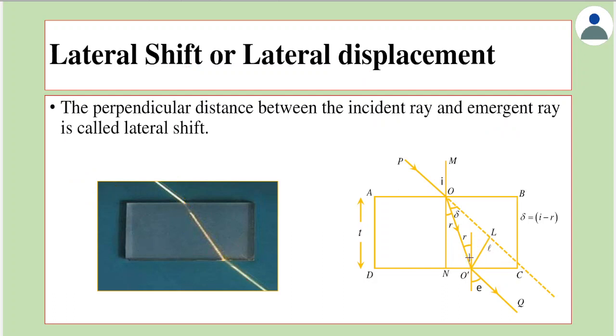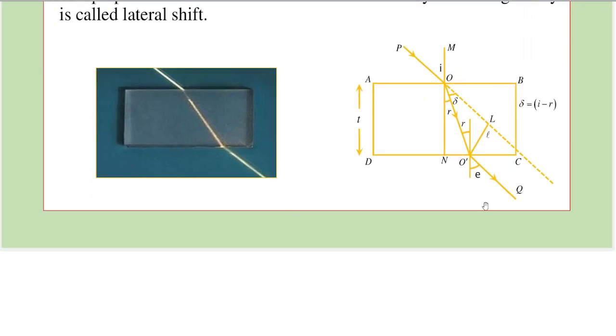We'll try to find out what the lateral shift is in terms of theta as well as other angles. As seen in the diagram, for the first interface, PO is the incident ray, so the angle made here is the angle of incidence I. Now in this case, we need to find what OL is.